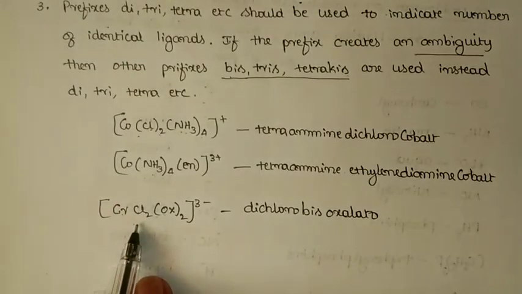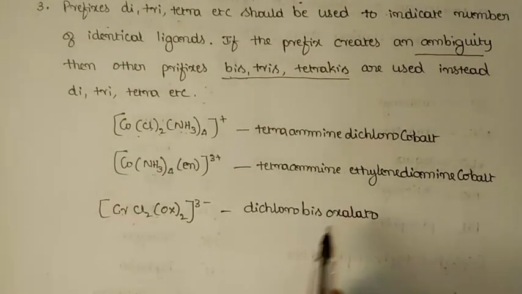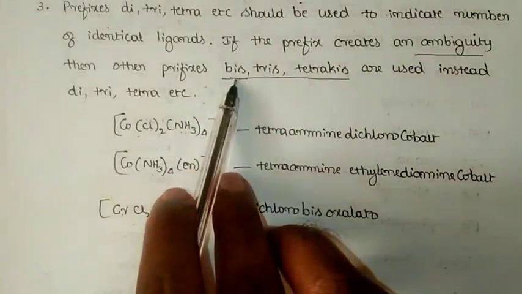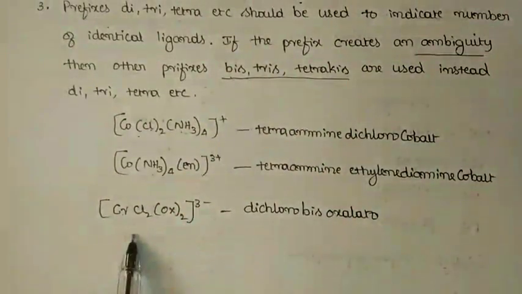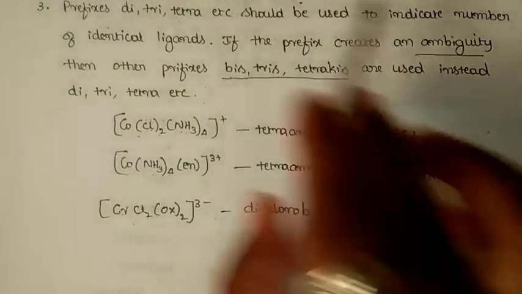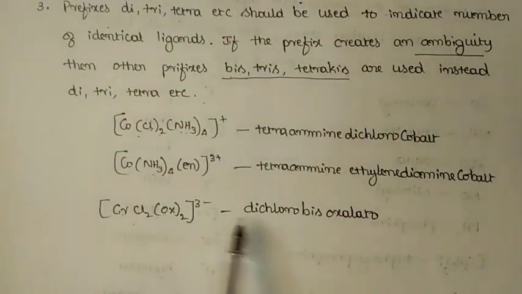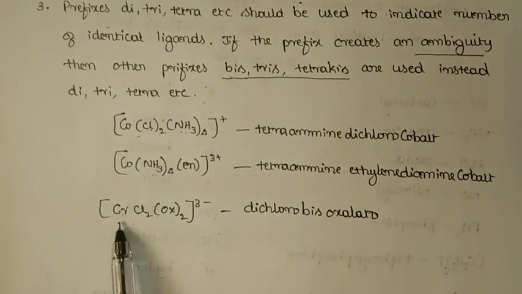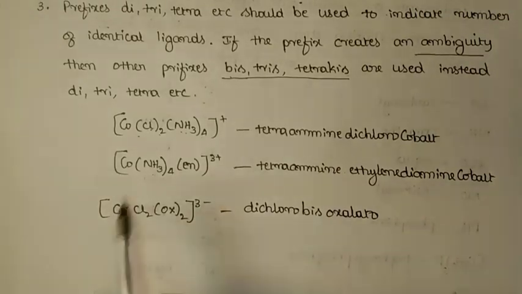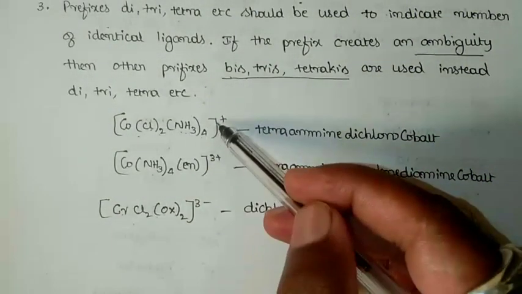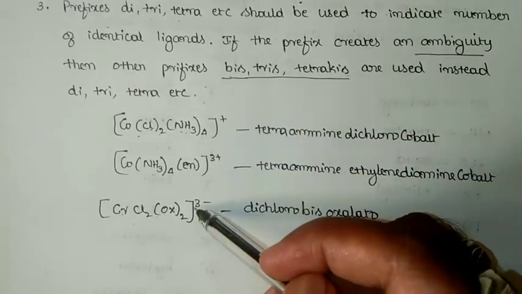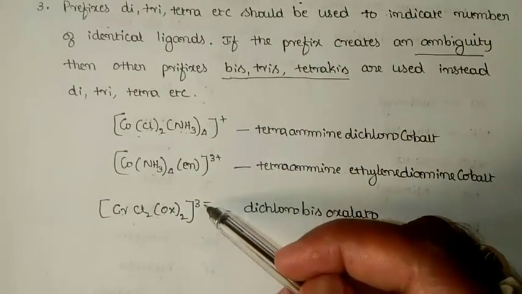When we are having complex ligands, we should go with the prefixes bis, tris and tetrakis. This is according to rule number 2 and rule number 3. Here we have to see the name of the central metal ion, but here the case will change because in both the earlier cases we had a complex cation, but here we have a complex anion.